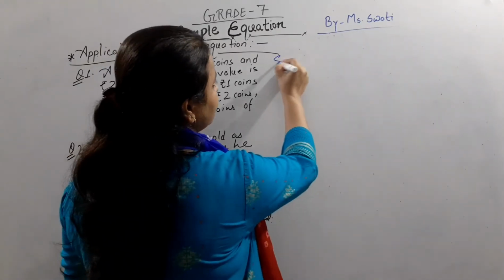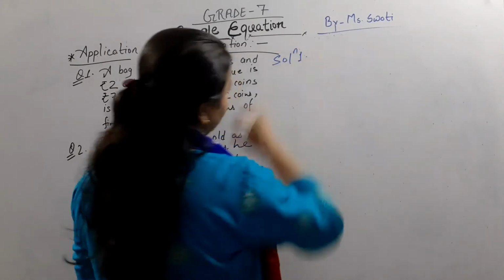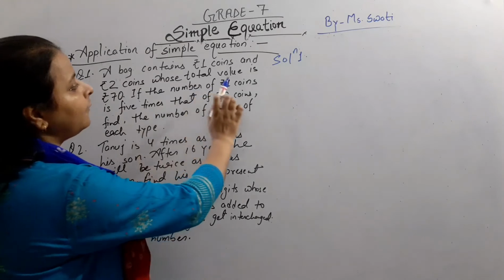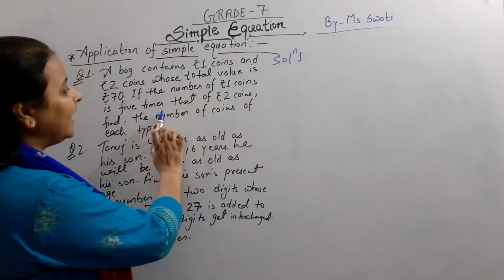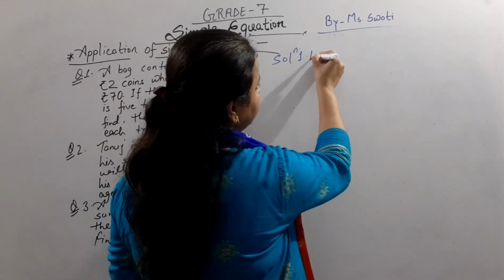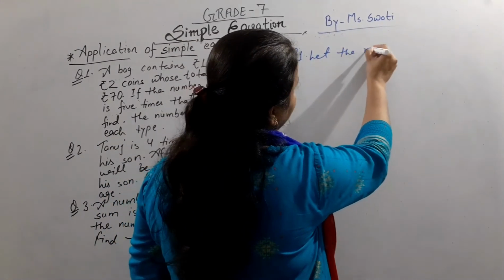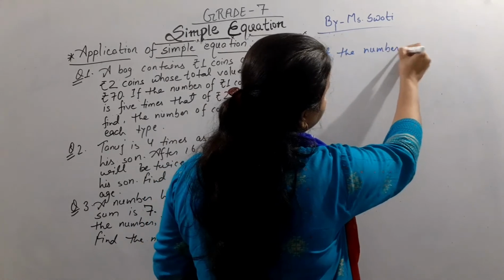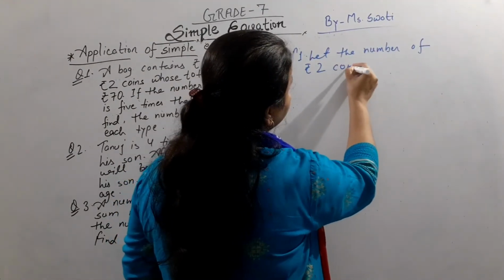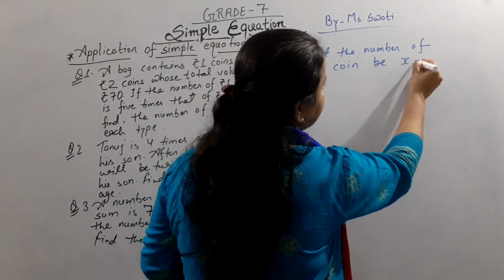So here I am going to solve the first one, that is solution of question number 1. What is given, student? If the number of ₹1 coins is 5 times that of ₹2 coins, let the number of ₹2 coins be x.